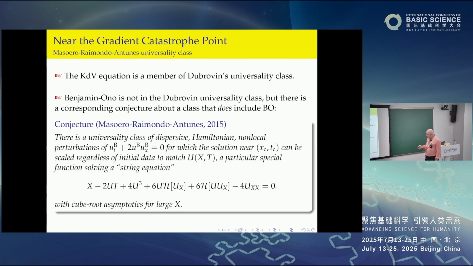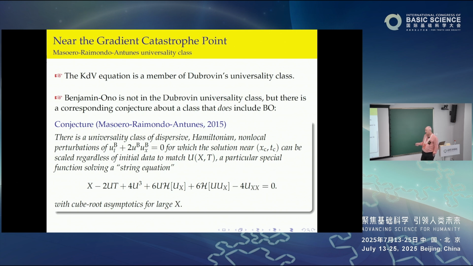And then to go further, the KdV equation definitely is a member of Dubrovin's universality class, but it turns out the Benjamin-Ono equation doesn't fit into that class. Instead, there's a corresponding conjecture about the Benjamin-Ono universality class that appeared in this paper, 2015.